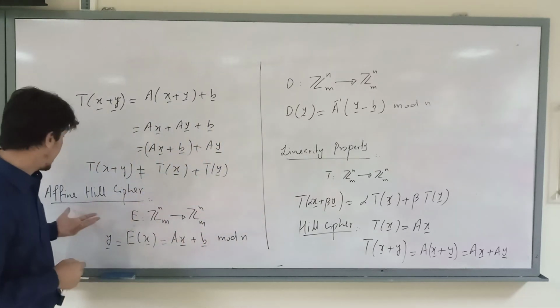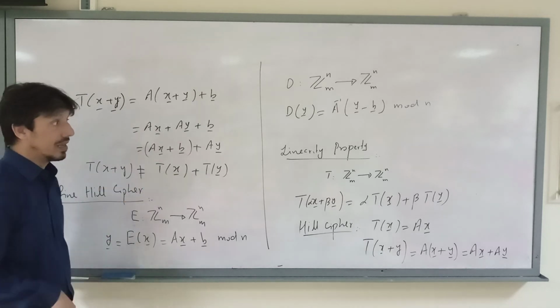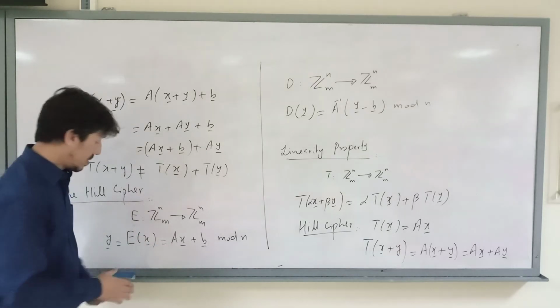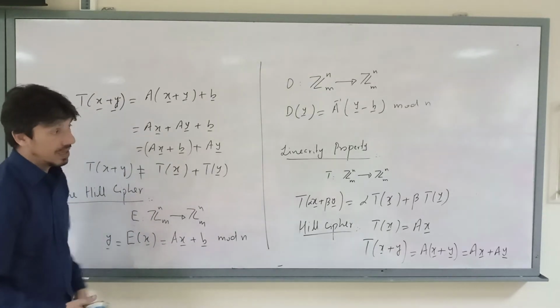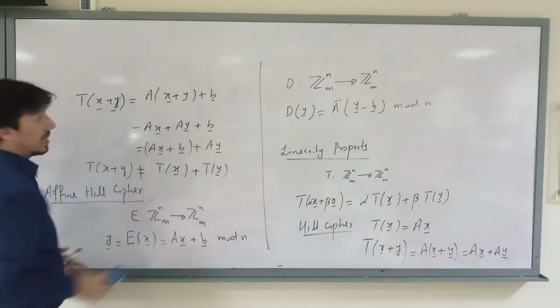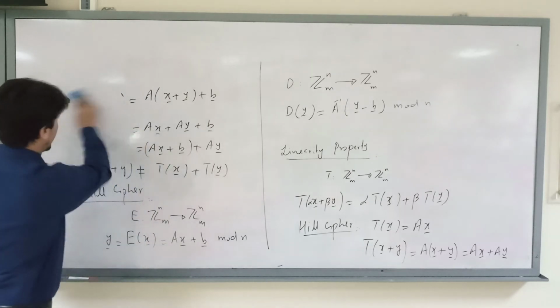So the affine Hill cipher qualifies for this characteristic, but the linear property is satisfied in the case of the Hill cipher. Let me elaborate on this Hill cipher with the help of one example, and that will end my lecture today.